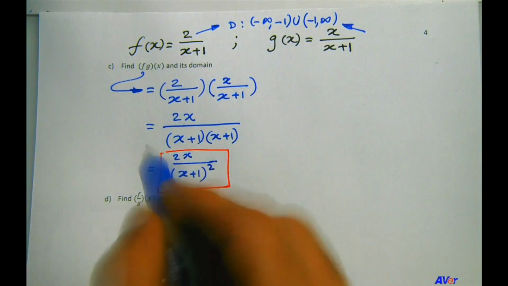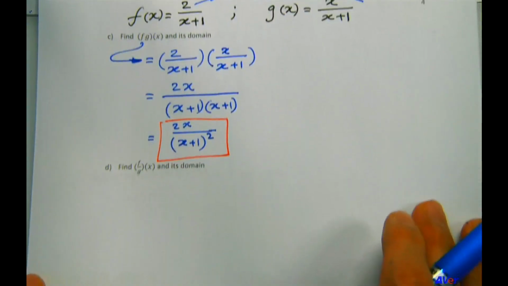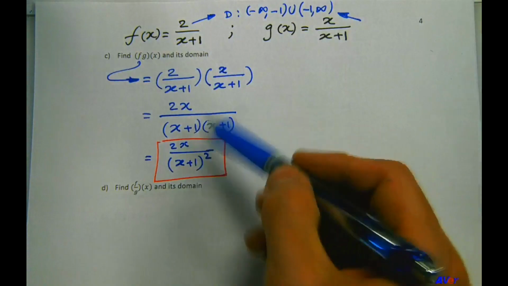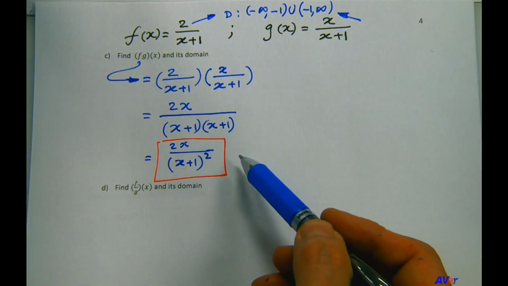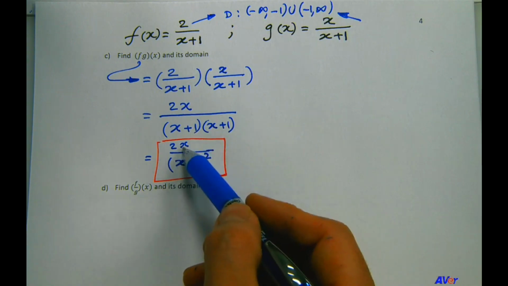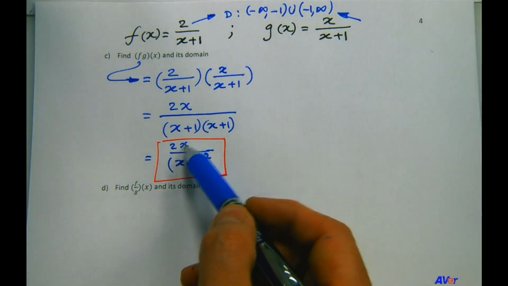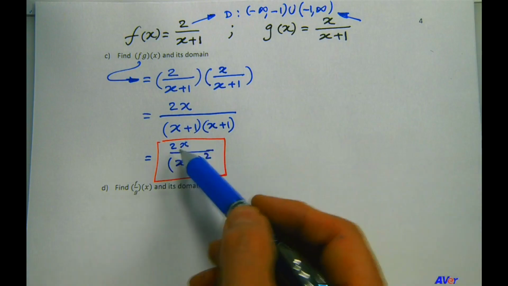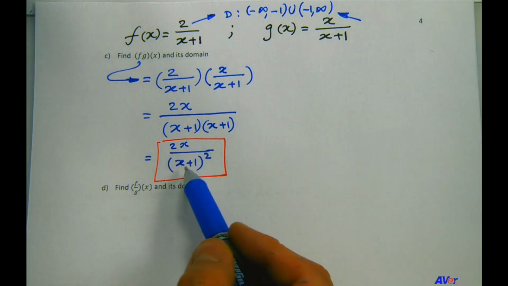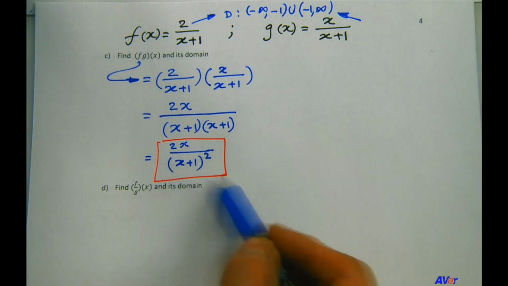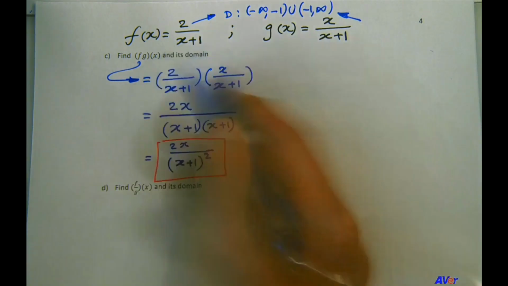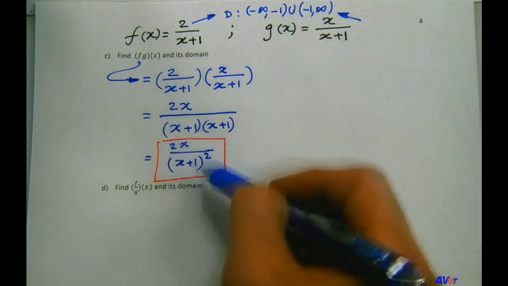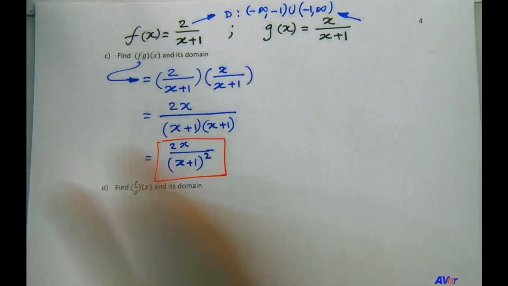So the new function, the combined function, I mean, has the same denominator squared, right? The numerator is fine. The numerator can be 0. 2 times 0 could be 0. But it's the denominator that is critical of what is happening here. And we have x plus 1, which is the same thing as squared. So the intersection of this domain and that domain is the same thing.